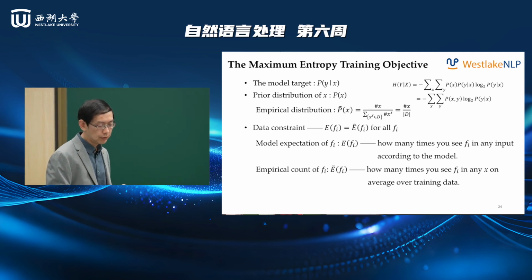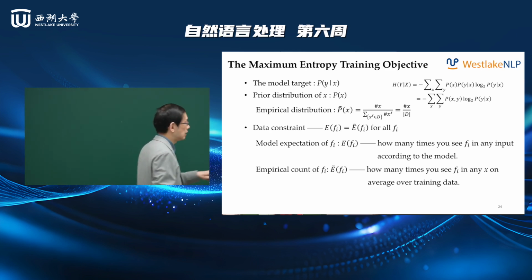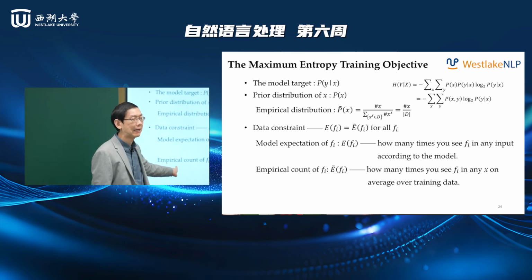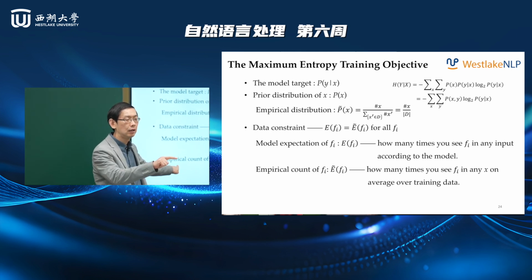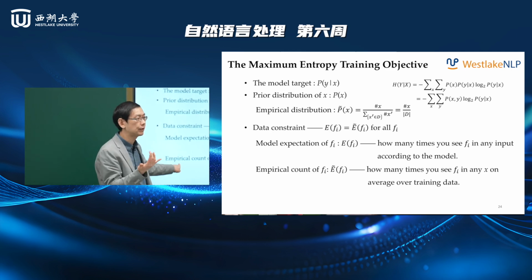So I have two things I can calculate about a feature. One thing is the empirical count of a feature. In any input-output pair, what is the feature vector? I can count it. This is what I count.